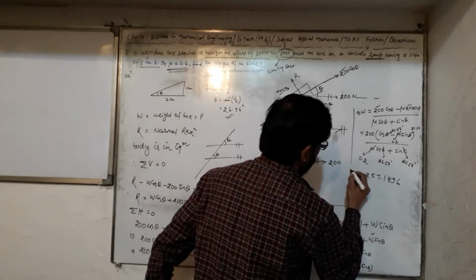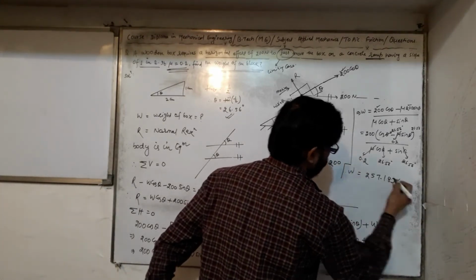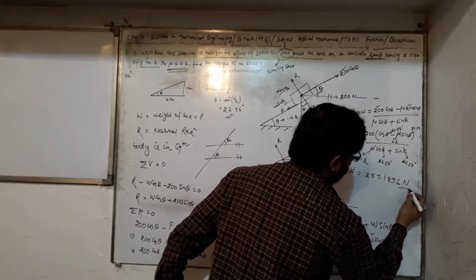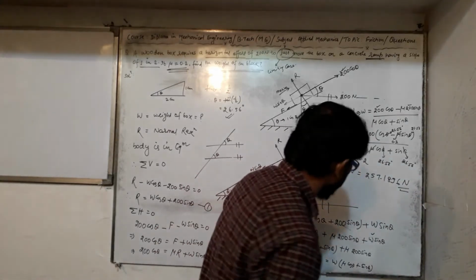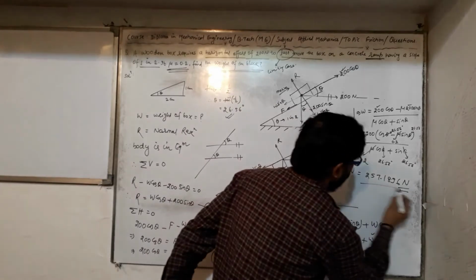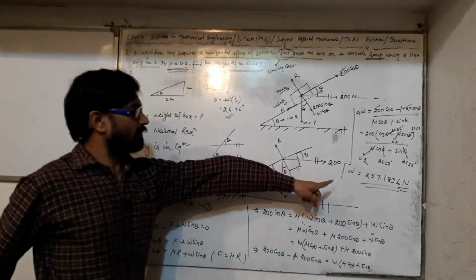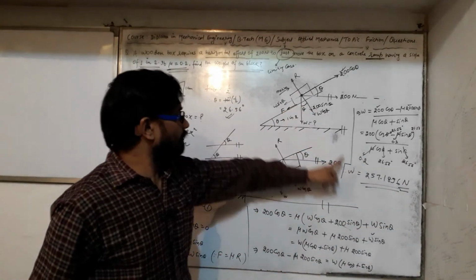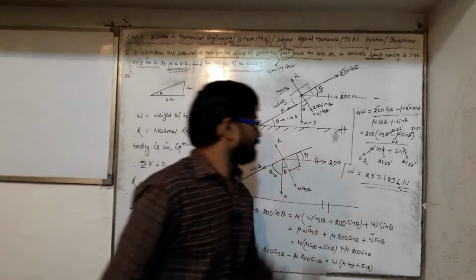This is W, and it has a unit of Newton. So this amount is W, the weight of the wooden box.